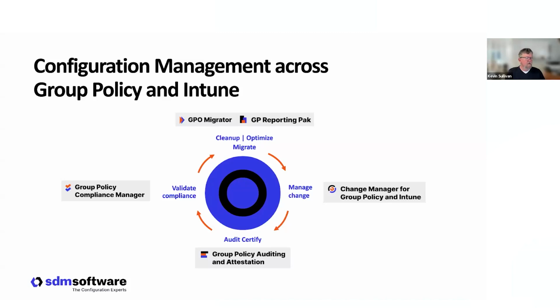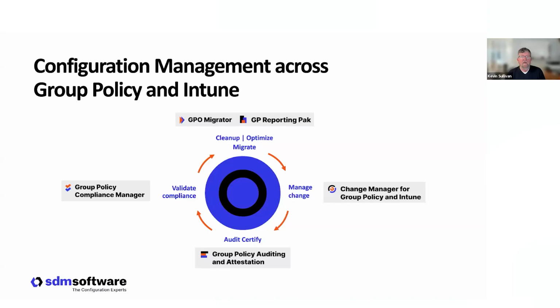And there are moments within the management of IT, the management of the fabric of my corporate infrastructure, where I need to clean up and optimize. That's this moment now where we need to think, am I looking at the right reports? Am I finding my conflicts? Am I finding old, unused, or ineffective group policy objects?